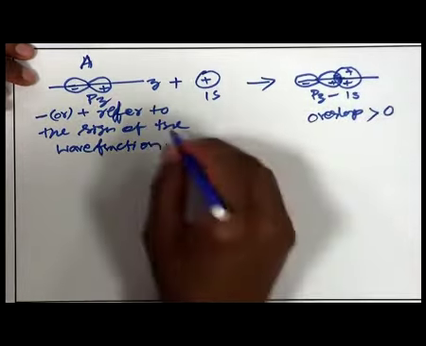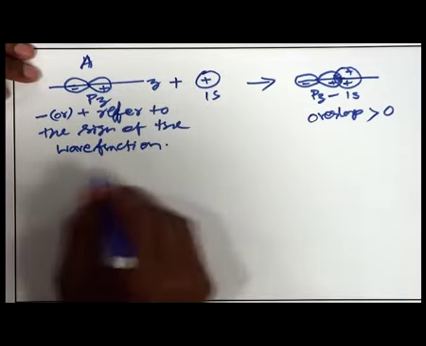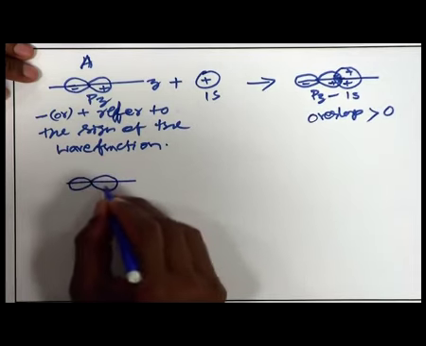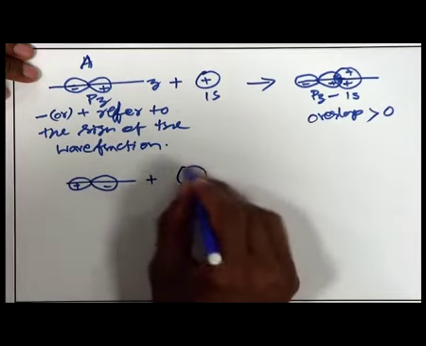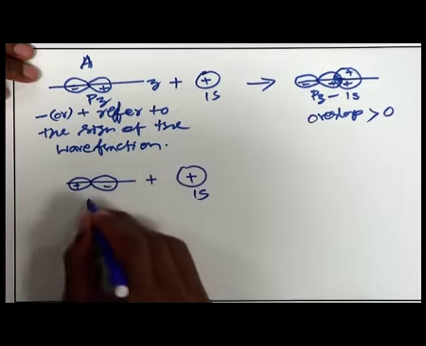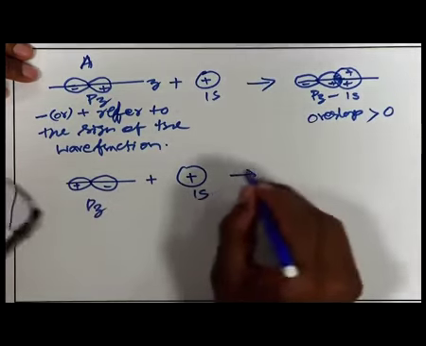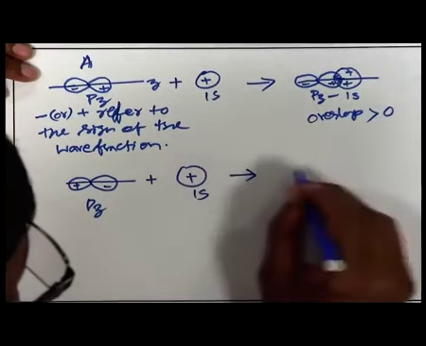Suppose you draw the same one in this way: this is positive, this is negative, and then you have another atom with a 1s orbital, and this is the pz orbital. They approach each other. As a result, when they overlap, what will happen?